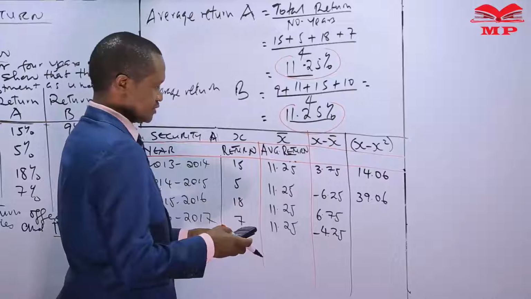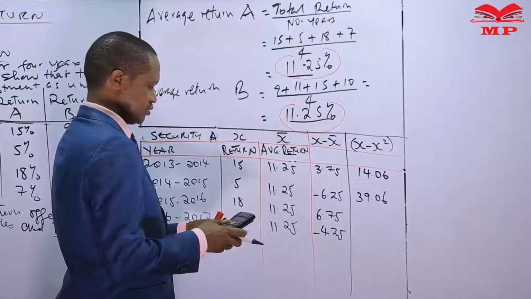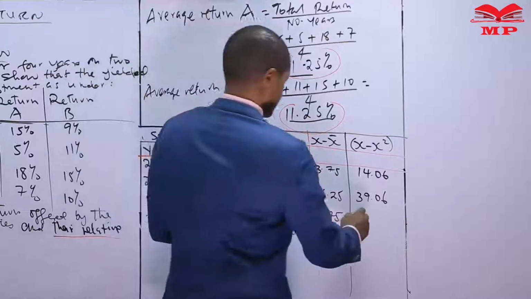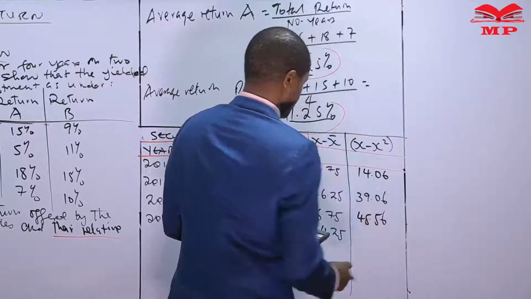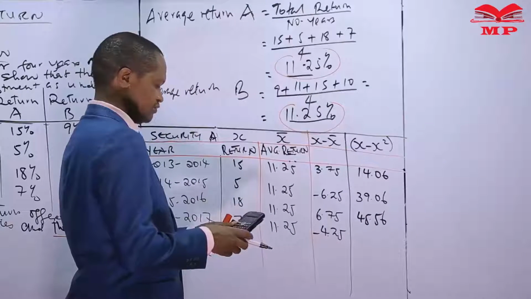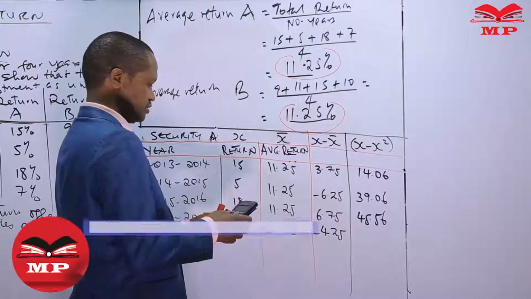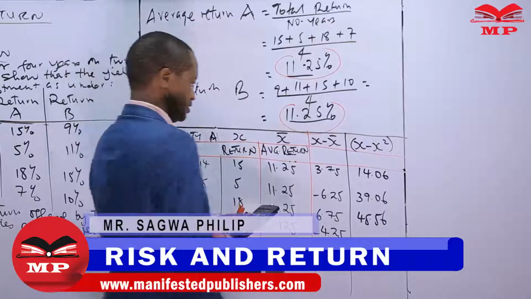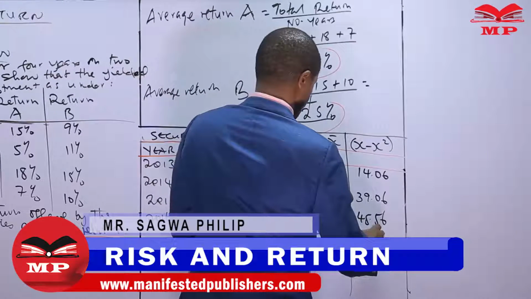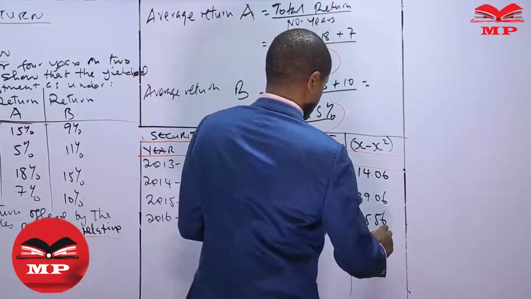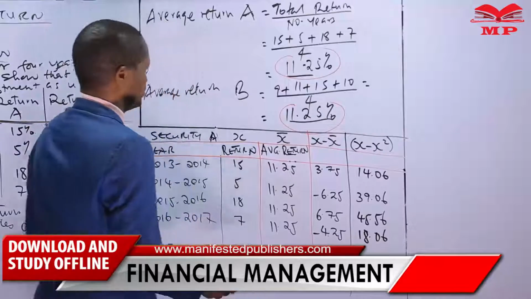Next, 6.75 square, 45.56. Next is negative 4.25. Square it, 18.06. These are the squares. So this is security A.